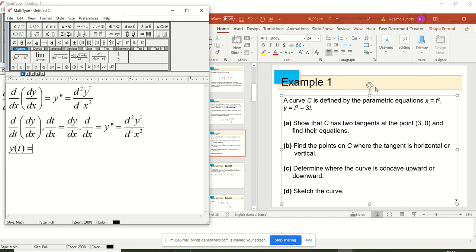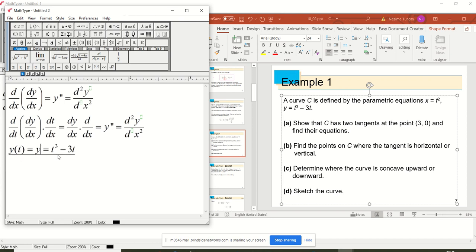This is a function in terms of t, but in maths there are many representations, and sometimes we omit some of them. This is t to the power 3 minus 3t. So this is y in terms of t. As you see, sometimes we don't write it, but this doesn't mean that it isn't equal.